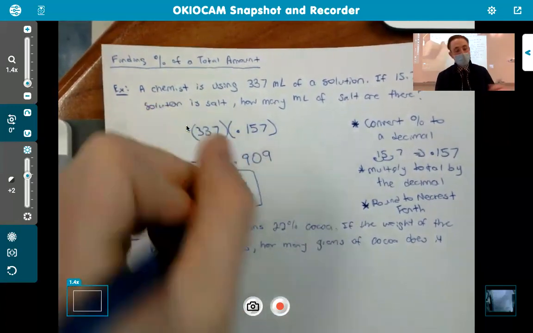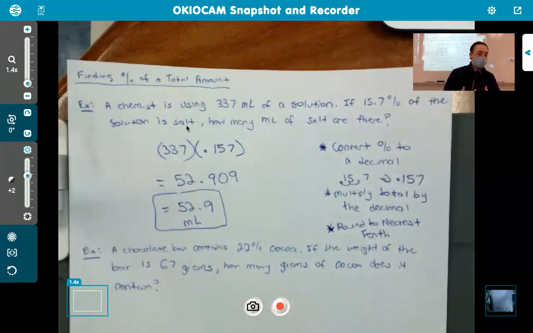So of this solution that this chemist makes, it's a solution made of whatever, like water and salt, 52.9 milliliters of it are salt out of the 337. Okay. Question. The nearest tenth.